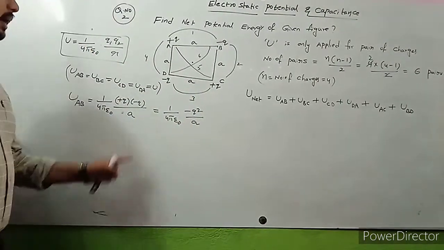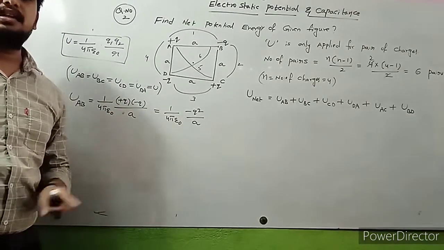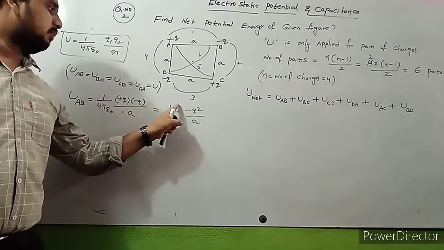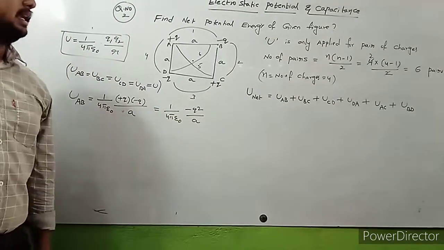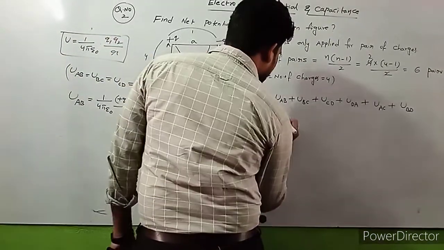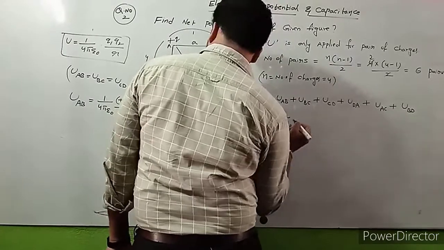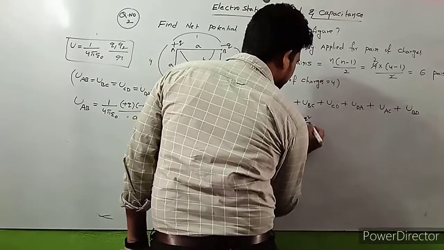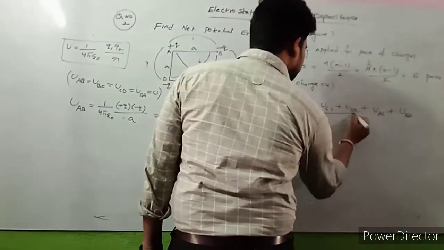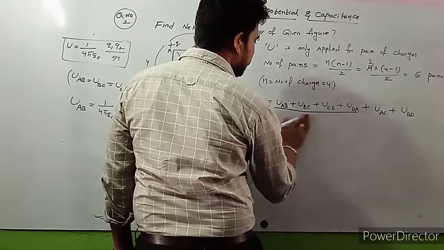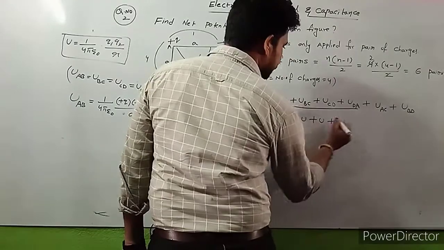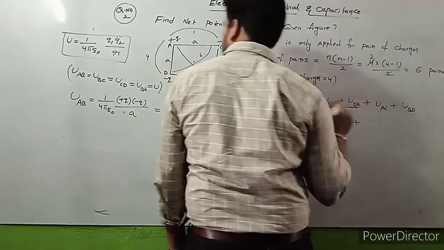You know already that while finding electrostatic potential energy, we consider the sign of the charge. So UAB is 1 by 4 pi epsilon naught into minus q square by a. That is the U value. Up to here, all are U only. That means U plus U plus U plus U up to here.